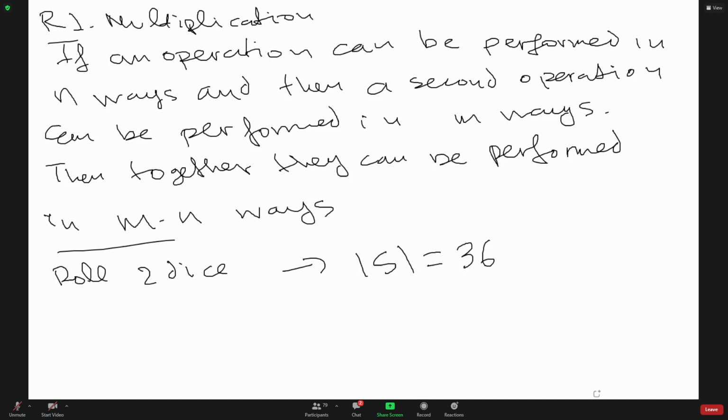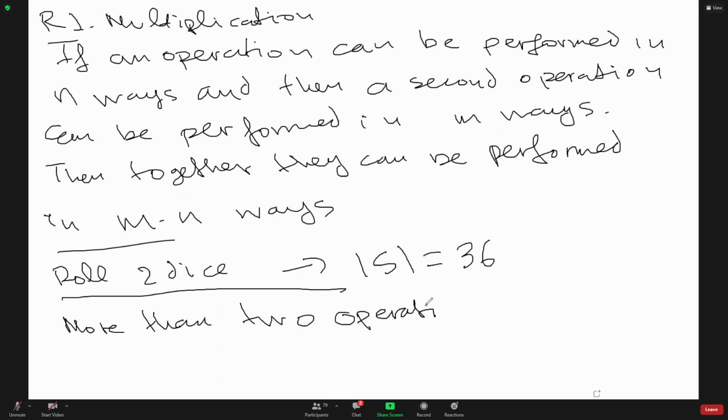In general, now if we have more than 2, we just multiply more things.